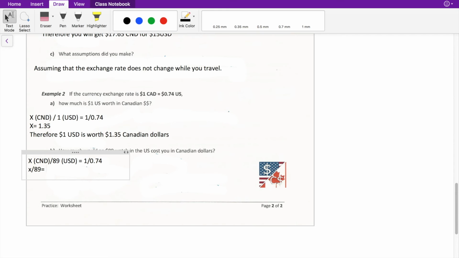First, I always divide. So I go 1 divided by 0.74, and we know from above that is 1.35. Now I have to isolate that x. So right now it's x divided by 89. So it's a divide on this side. When it comes over, it becomes a multiply. So 1.35 times 89.